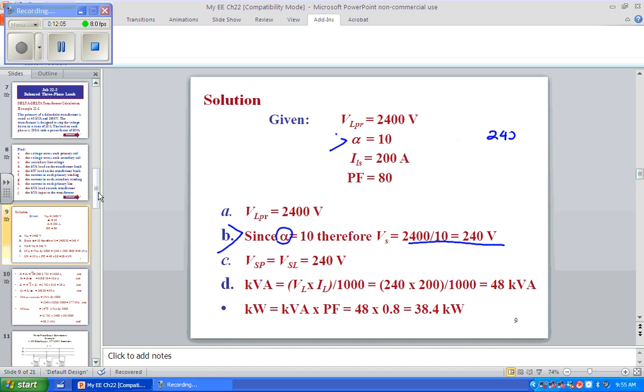It's 10 to 1. It's a step down. So if we've got 2400 in the primary, our voltage in the secondary would be 240.